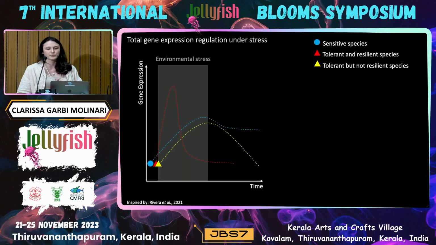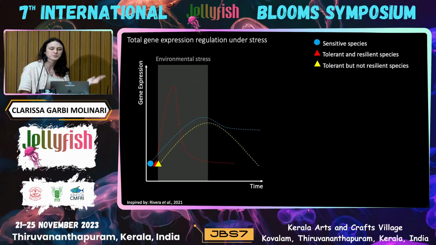We have, for example, three different species. Let's say that the genetic profile of total gene expression for these species is something like this. There's a sensitive species, and let's consider that they all have the same baseline of gene expression.